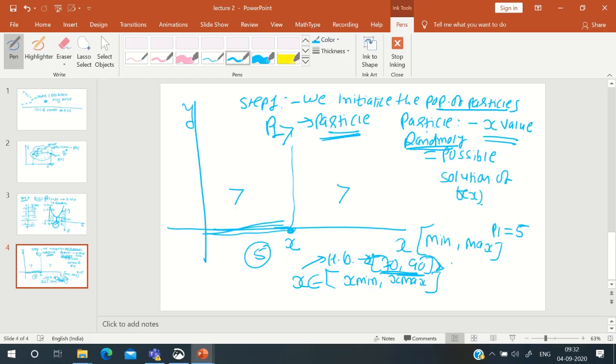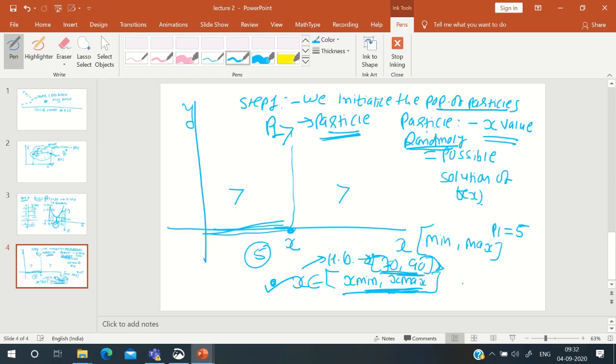This is the rule. So every variable in an engineering optimization problem has its minimum limit as well as its maximum limit.